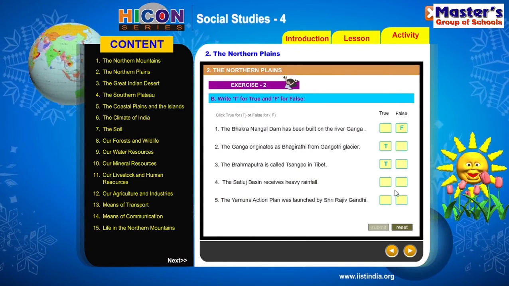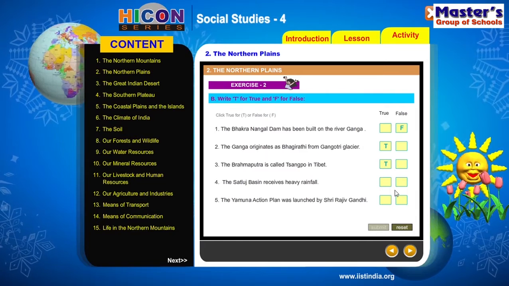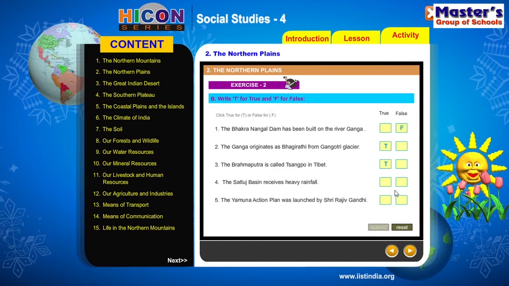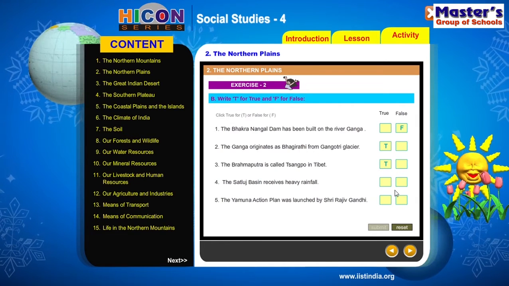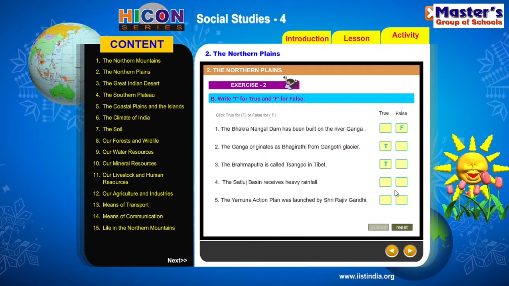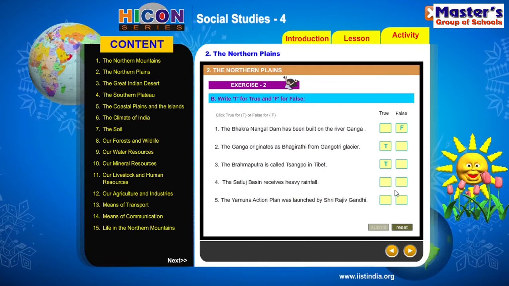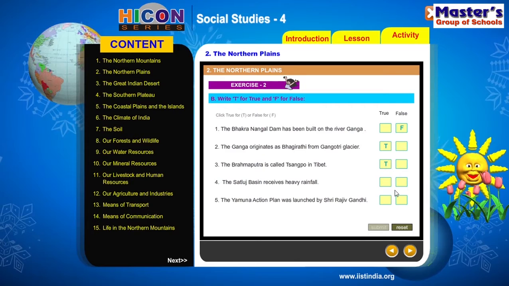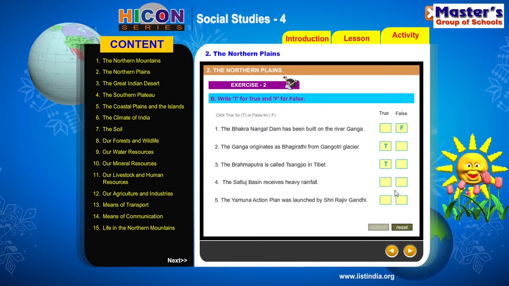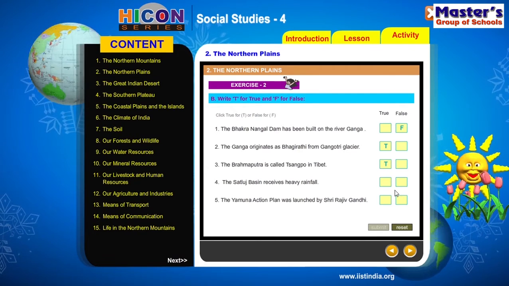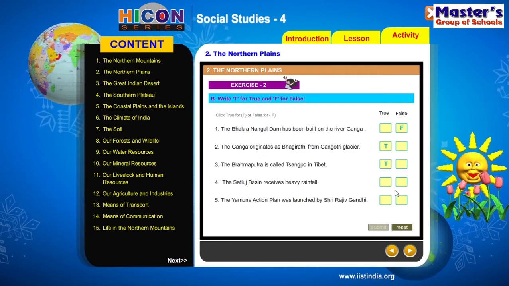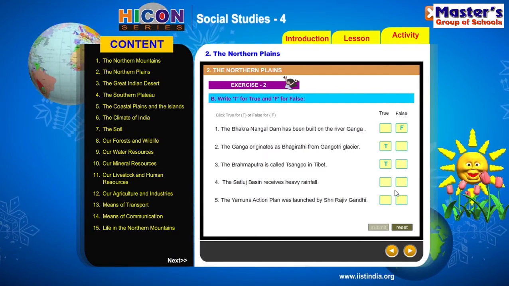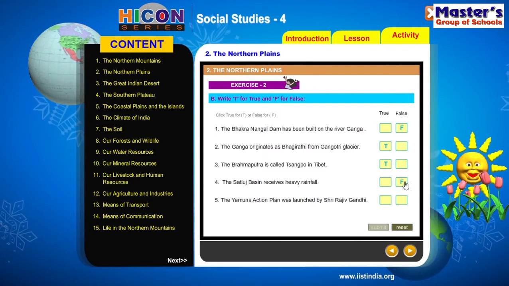Fourth sentence, the Satluj basin receives heavy rainfall. Heavy rainfall is received at the Brahmaputra basin, isn't it? Brahmaputra basin receives heavy rainfall. Gangetic basin receives very good rainfall, and Satluj basin receives very less rainfall, isn't it?